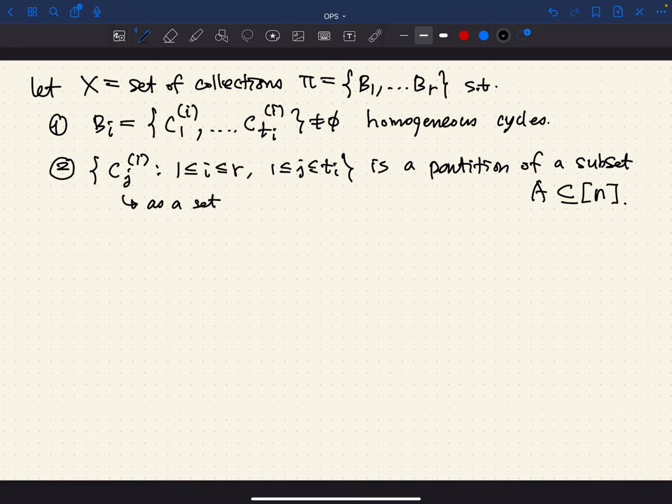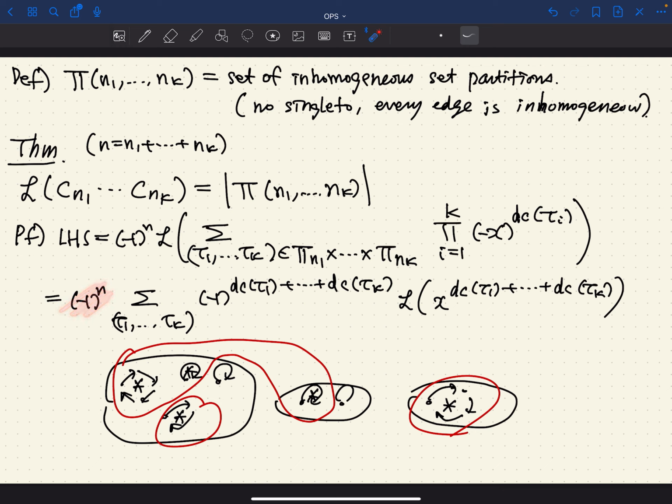So the idea is the set X is like you have a bunch of cycles, decorated and non-decorated, but every non-decorated one must be a cycle of length 1. And then you collect all the decorated cycles and make a set partition. That's the configuration that I defined over here. And for X, the sign of this is defined to be (-1) to the number of blocks, because if you remember, every decorated cycle contributes -1.